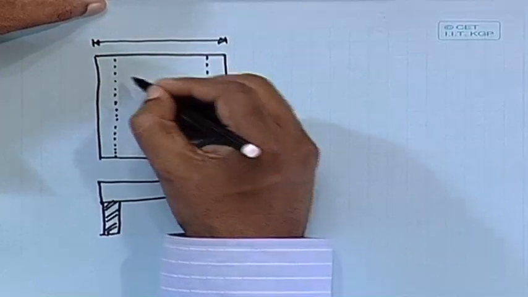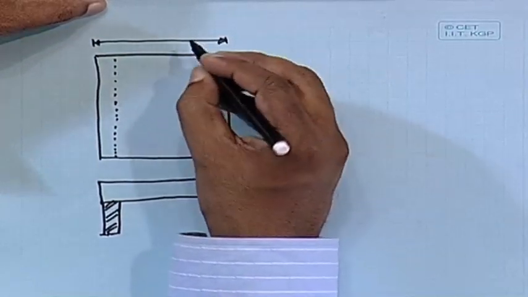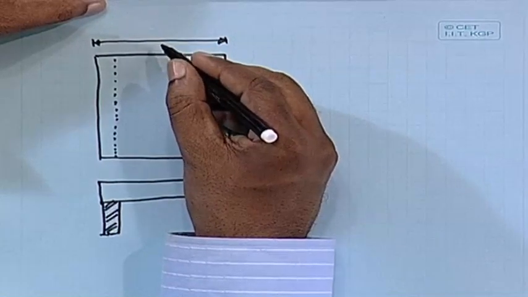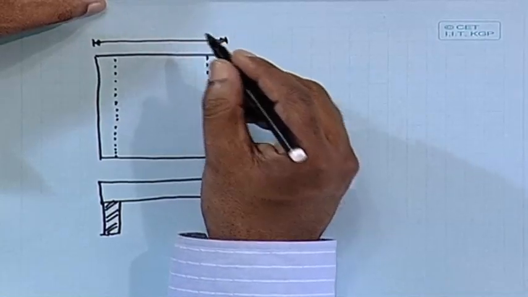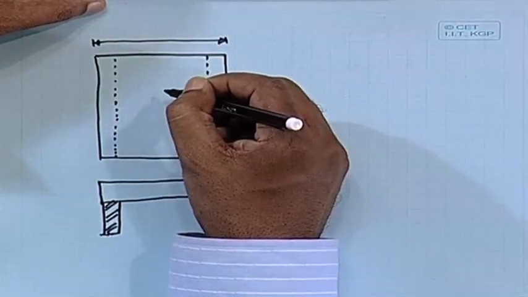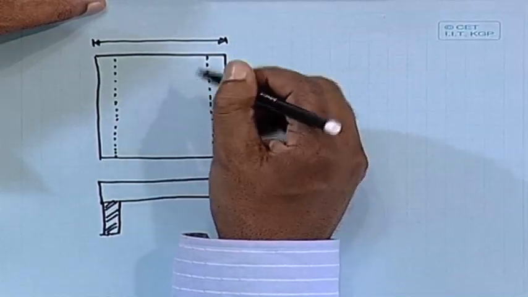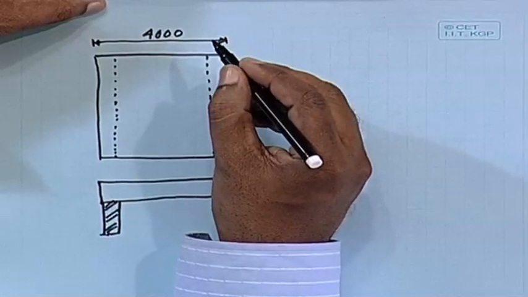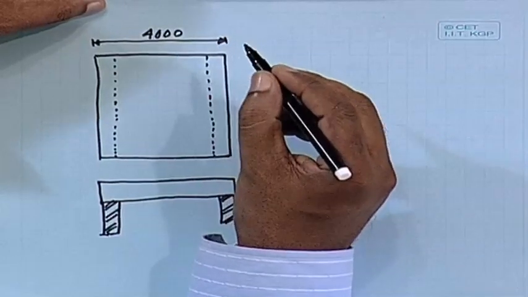It is more than that, but effective span is 3640. And this one, how much? This one is 3500 plus 250 plus 250. So, clear span 3500 plus 250 plus 250 comes as 4000, and effective span we have calculated 3640.